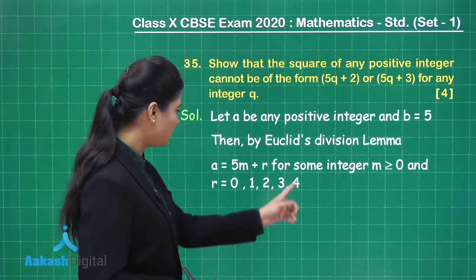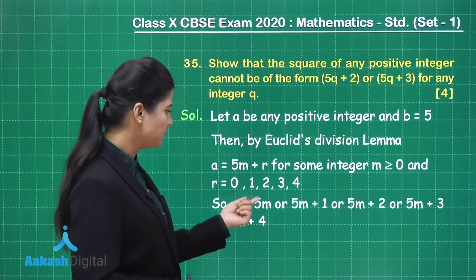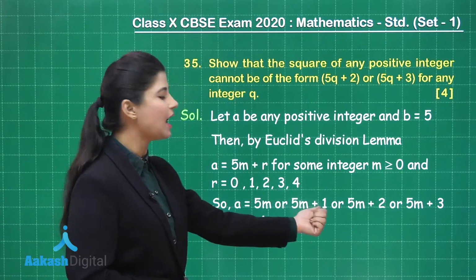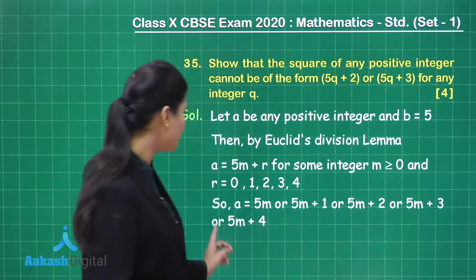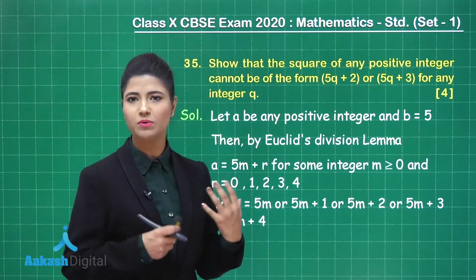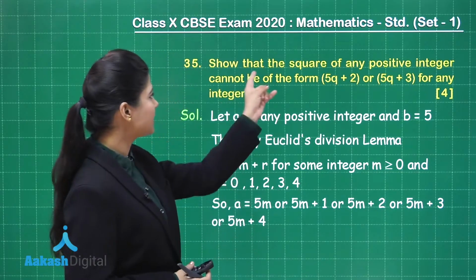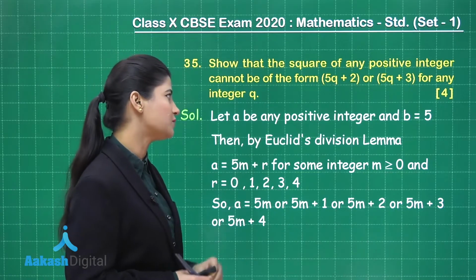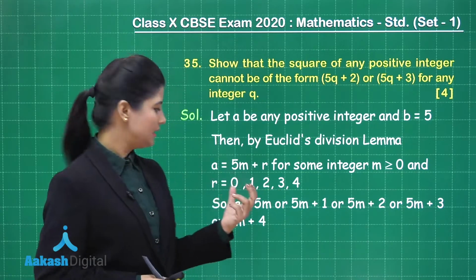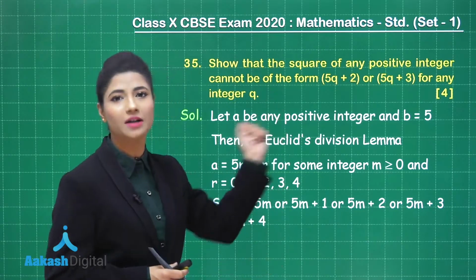So considering all these possibilities for remainder, we can express a as 5m or 5m plus 1, where I am taking r as 1, then further 5m plus 2 or 5m plus 3 or 5m plus 4. So these could be possible ways of representing this positive integer a. Next, as I have to show that the square of this positive integer cannot be of the form 5q plus 2 or 5q plus 3, let's consider a as these values one by one and try to prove the required condition.